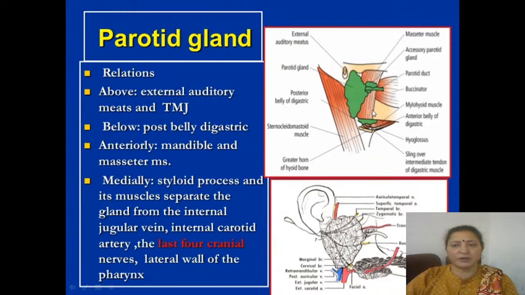You can see this bony part that goes anteriorly, and medially behind this is the styloid process, along with the attachment of the muscles that come up to the styloid process, stylohyoid, stylomastoid, all these muscles that are there. And also internally there is the internal jugular vein, the internal carotid artery, the last 4 cranial nerves, and the lateral wall of the pharynx.